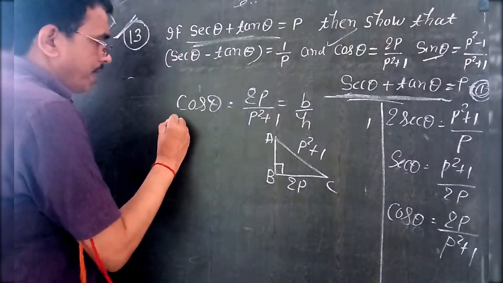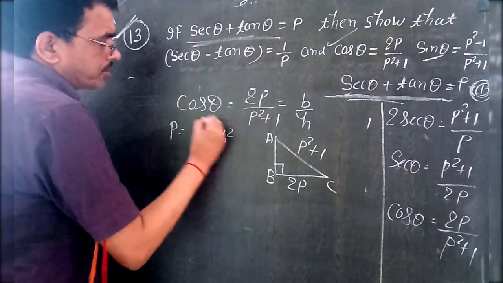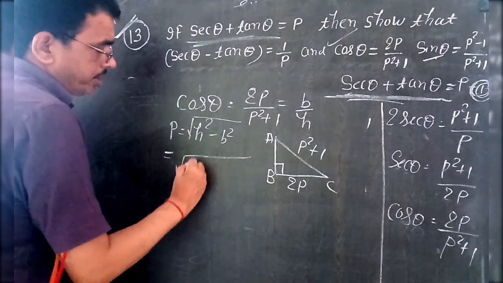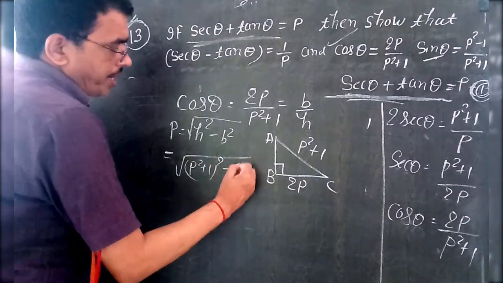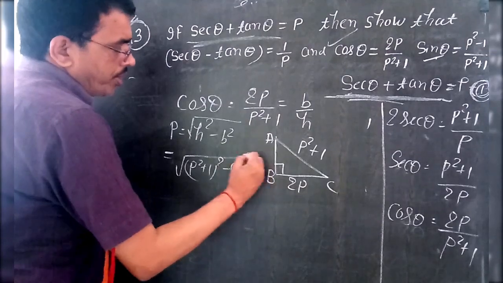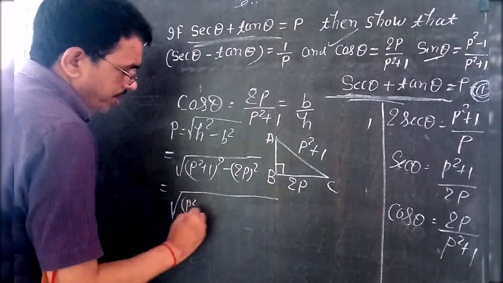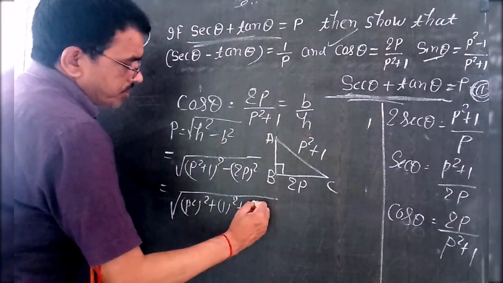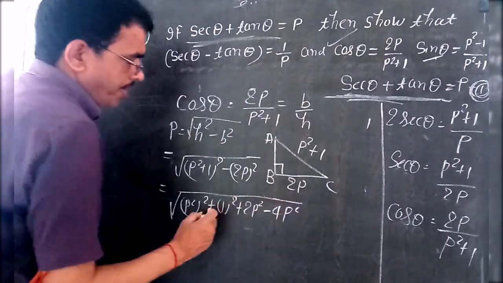So you can find perpendicular, that is square root of h square minus b square, and it is equal to h square, that is p square plus 1 whole square minus 2p whole square. Here a square plus b square plus 2ab minus 4p square.